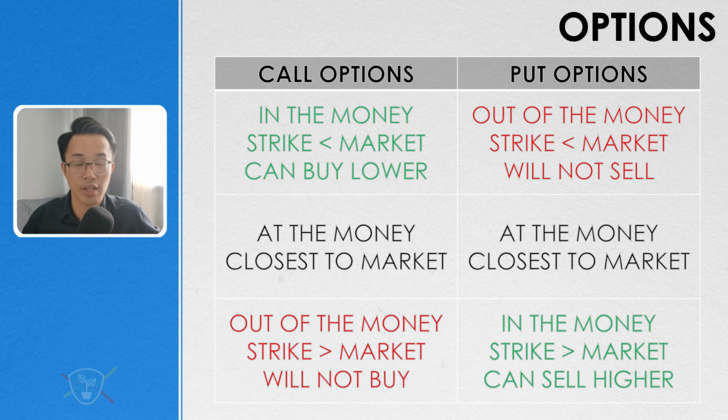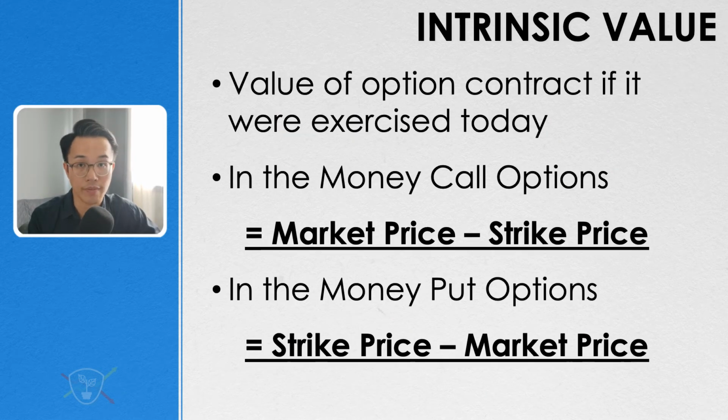The option contract that's the closest to the current share price in the market is known as the at the money option. The intrinsic value of an option contract is how much the contract is worth, how much its value is if it were to be exercised today.